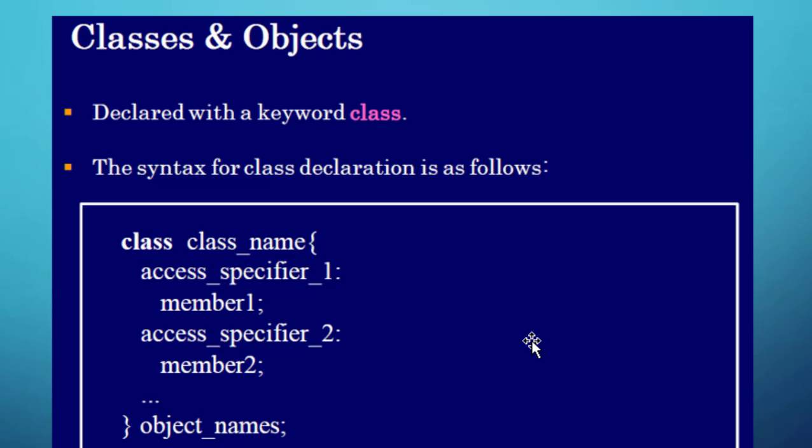You write access specifier 1, colon, you show the class members, you can write different access specifiers as you see in this syntax. Then you close with bracket. You may also show the object list or object names that will work with that class, and then you close with the semicolon.